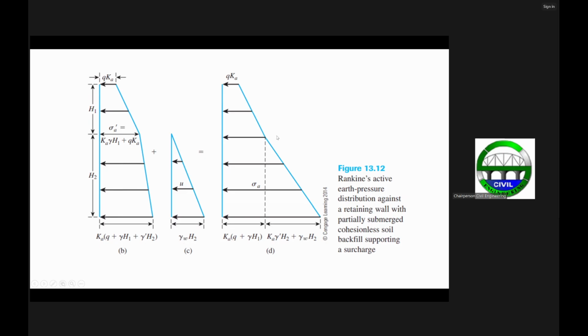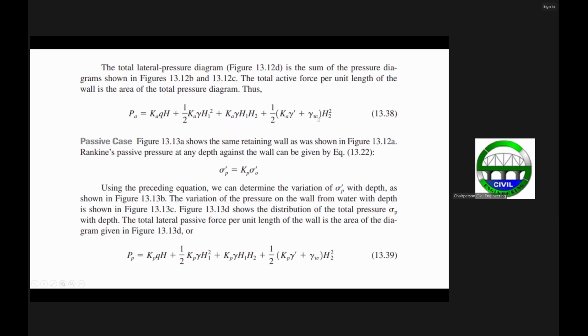And that gives you one half unit weight of water times H sub 2 squared.